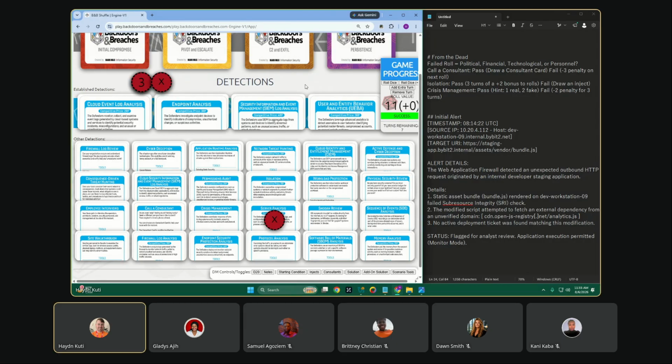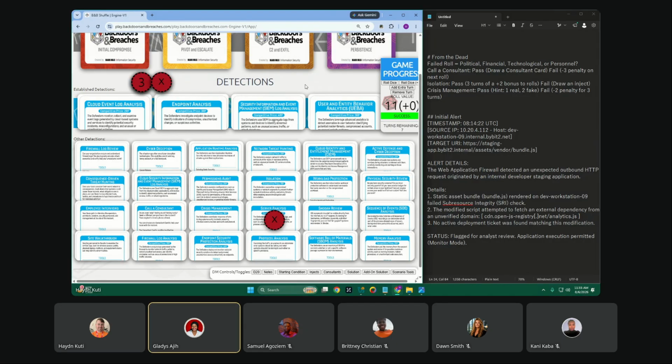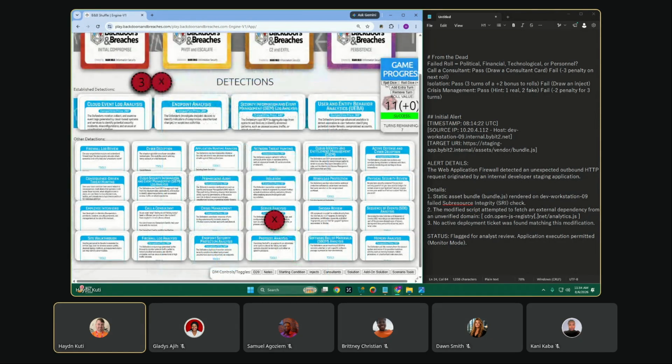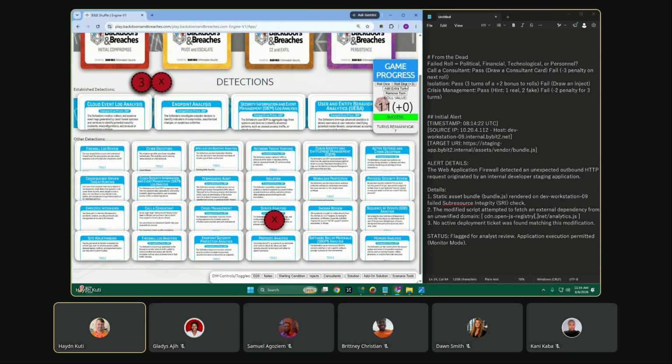Honestly, based on the scenario, that surprises me too. Wow. Okay, this is weird. That's how this game is, right? Sometimes you just don't find anything. But they should probably go with the endpoint, I guess, because it'll give them something. All right, endpoint analysis. And this one, you guys get your bonus.